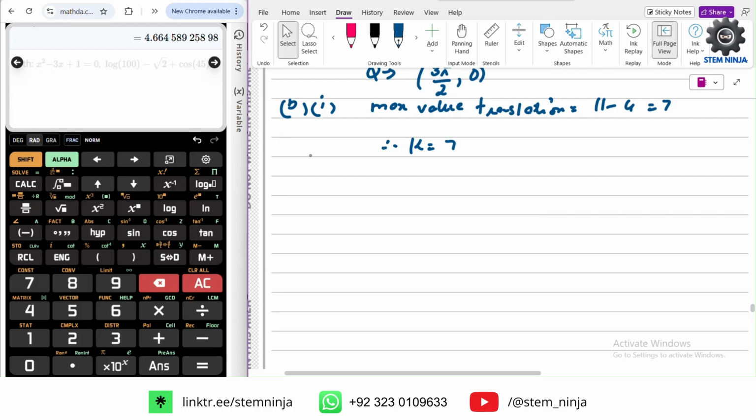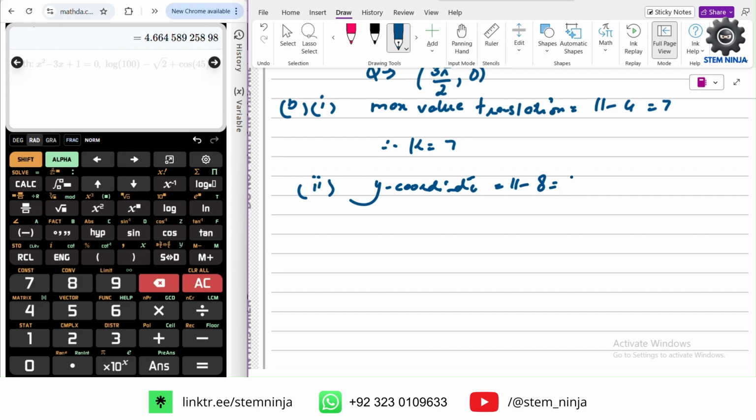Right, okay, part B: the y coordinate would be 11 minus 8, which is 3, and the coordinate that we are looking for is 2 pi, 3. Okay.